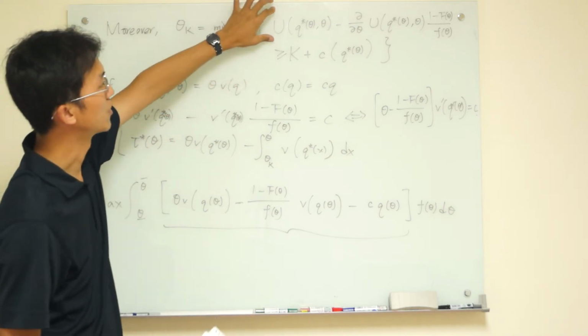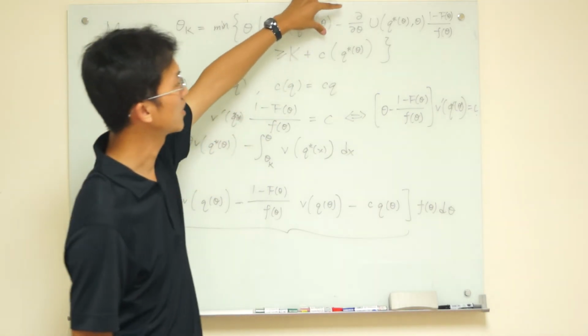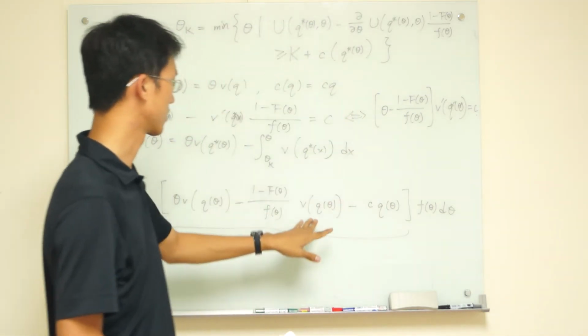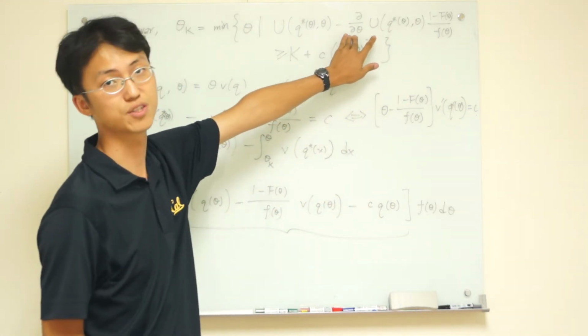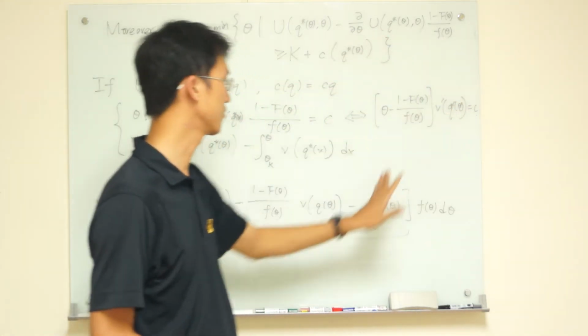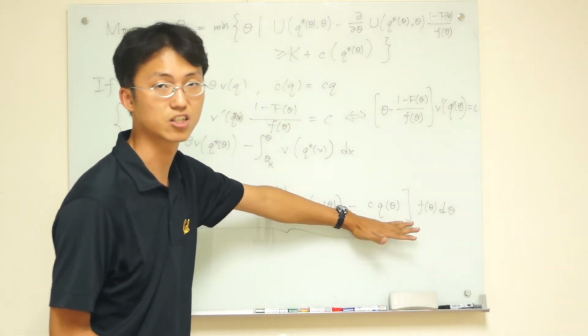That's true. This first part, u, is nothing but this one. Okay? And then minus this thing. V is nothing but u first order derivative with theta times the inverse failure rate. And then this part is the cost.